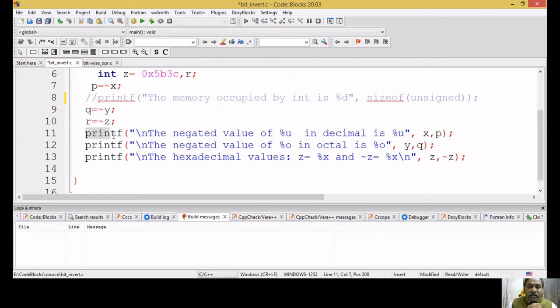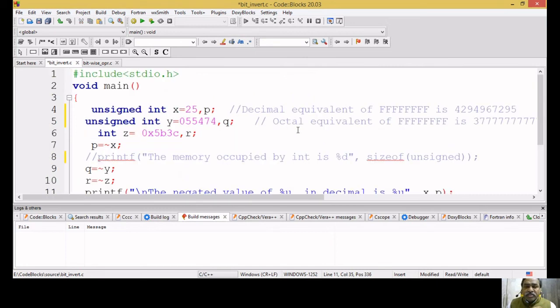What I have written is printf, the negated value of, and I have put %u here. Why %u? Because we have declared an unsigned integer. Bitwise operators work on unsigned integers, right? It is always good. Not that I cannot declare integers. I can, but there is no point, because in the internal architecture of the computer, everything is converted into a positive number.